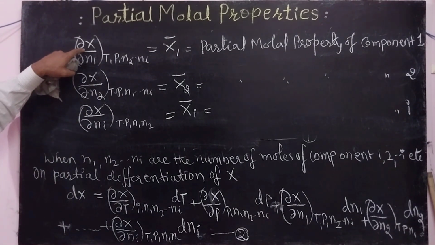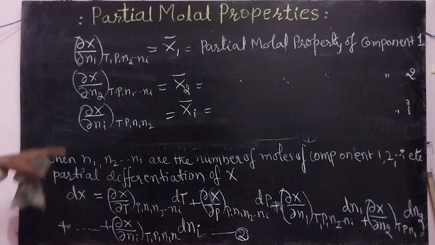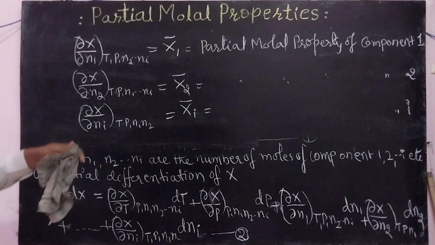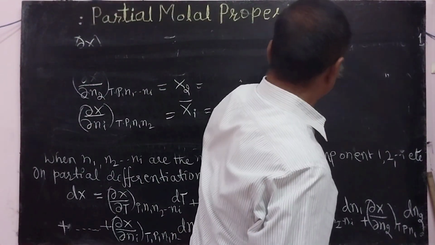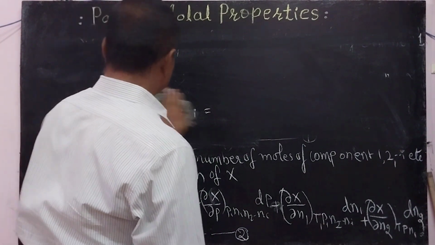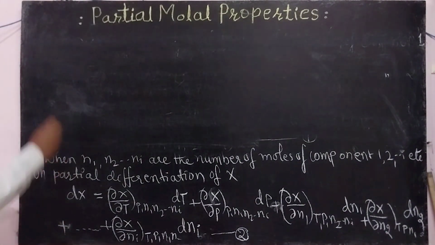Here X is a function or a property. Now if we take the other thermodynamic functions such as internal energy, enthalpy, etc., we are going to get different values. Now suppose X is our internal energy.